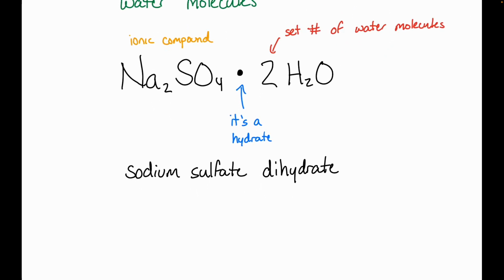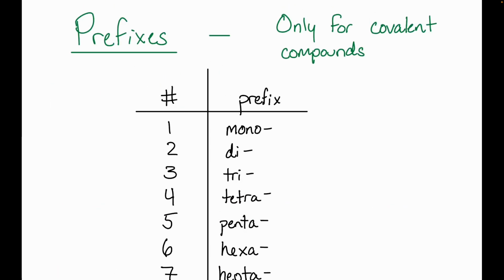Okay. We always just use the word hydrate, but then we stick this prefix out front to indicate how many water molecules there are. All right? Cool. So then we're going to go back up to this prefix here where I said only covalent compounds. We're going to say only covalent compounds and hydrates. So we use this same list of prefixes for our hydrates as well.